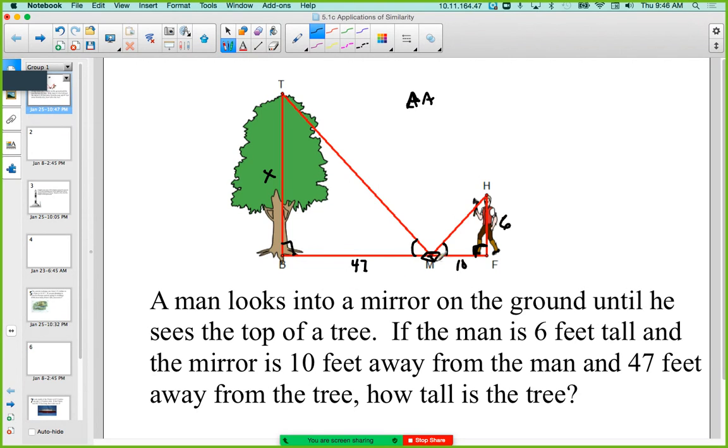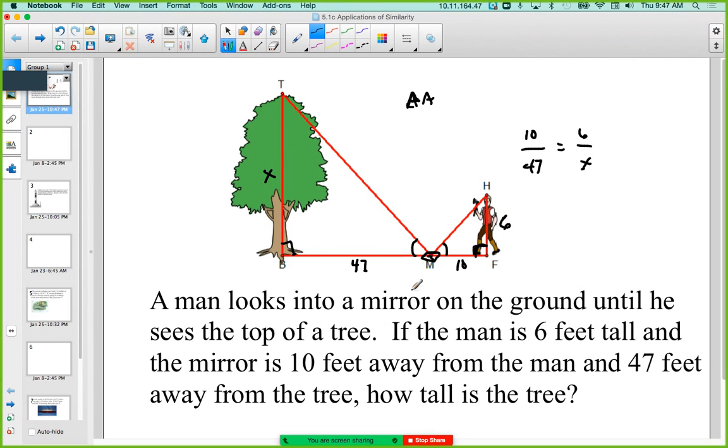I'm going to go the smaller distance, from the mirror to the person, and compare that ratio to the distance of the mirror to the tree, 47. So that's a ratio of these two sides, which do correspond. That ratio should be the same as the height of the person to the height of the tree. I now have a proportion set up, two ratios that equal one another.